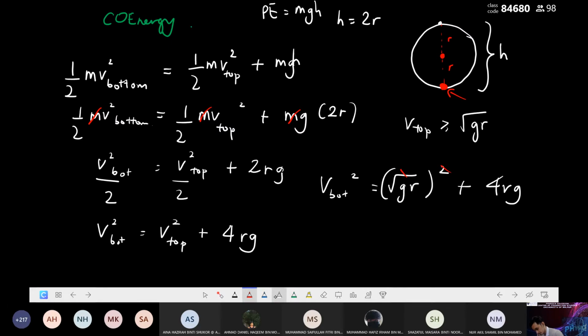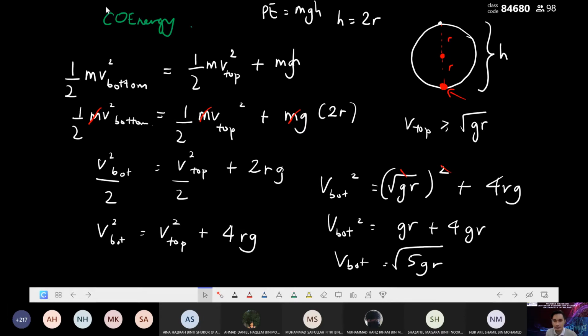Okay, so v bottom square is equal to gr plus 4gr. So v bottom is equal to square root of 5gr. Okay, the question will tell you what is the minimum velocity at the bottom and what is the minimum velocity at the top, so that it can keep the object moving in a circular path.